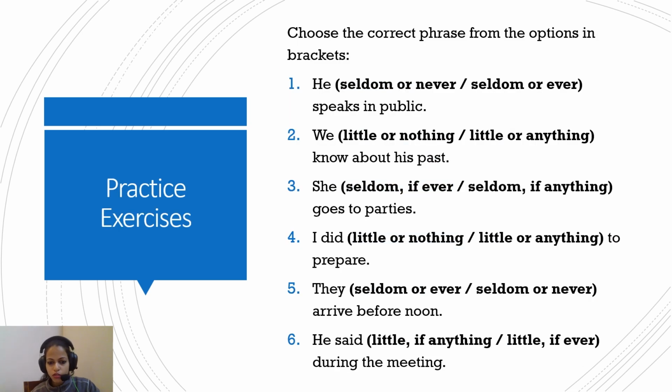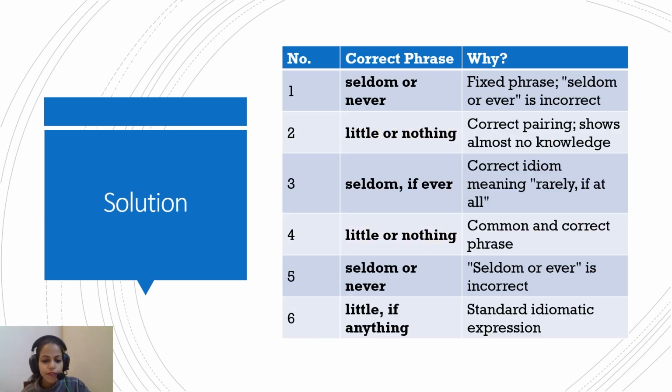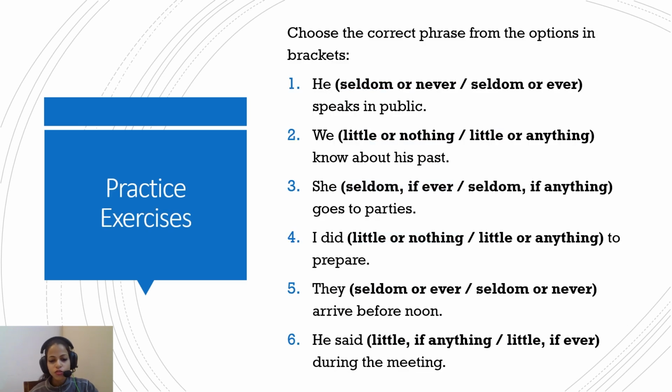Seldom or never. He said little if anything, or little if ever. So you say little if anything during the meeting. That means he said almost nothing. It's almost like 90 to 100. When you use two numbers, they should be close to each other. Similarly in English, you use two words that are close to each other.